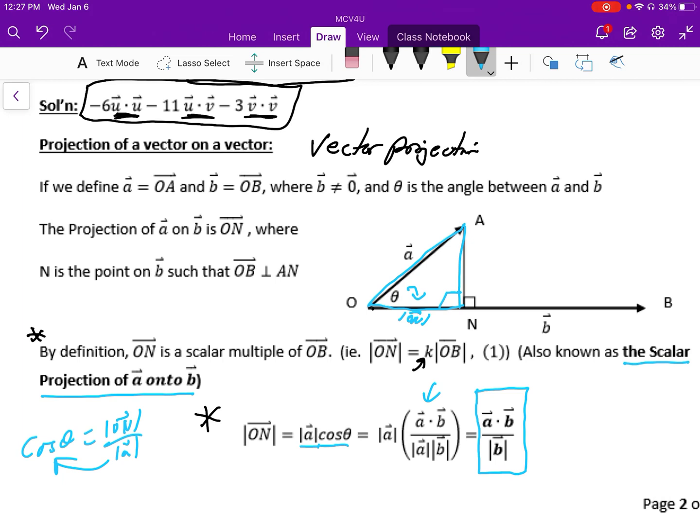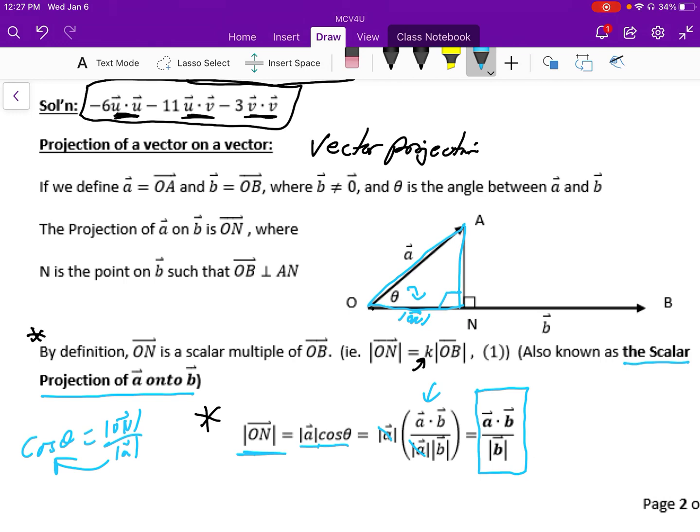And yes, because we're dealing with scalars, we can reduce the magnitudes of A, and we're left with the dot product of A and B divided by the magnitude of B. This is the scalar projection of A onto B. And that's what the magnitude of ON is.